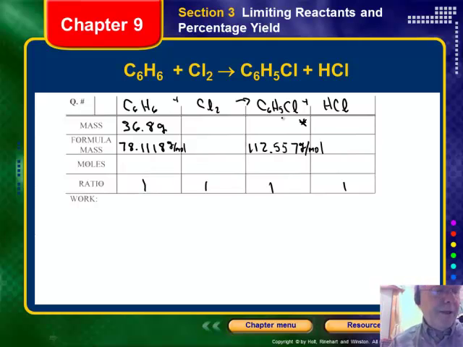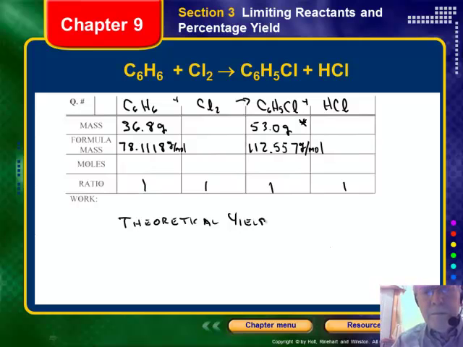And I get 53.027, which to 3 sig figs is 53.0 grams. So the theoretical yield is 53.0 grams C6H5Cl.